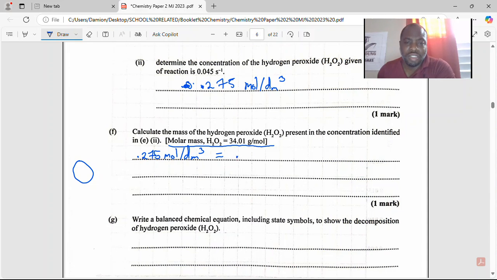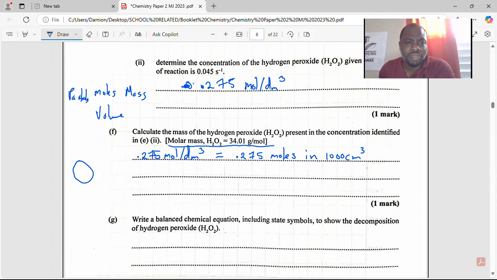I like to look at it as 0.275 moles is in 1000 centimeter cube. Yeah? That's what it means. So we want to convert this to mass. We think about the relationship between moles and mass. And I always tell students, moles is the central. We have our mass, we have our volume, we have our particles.